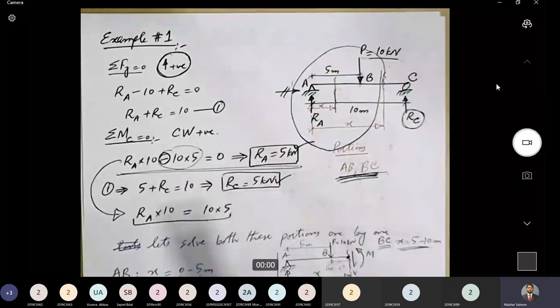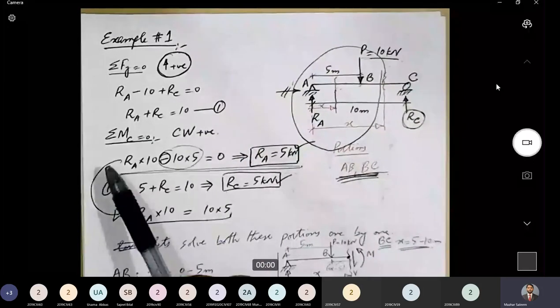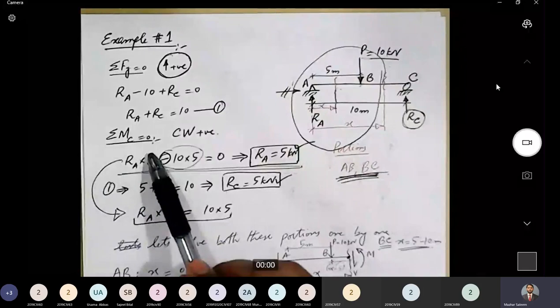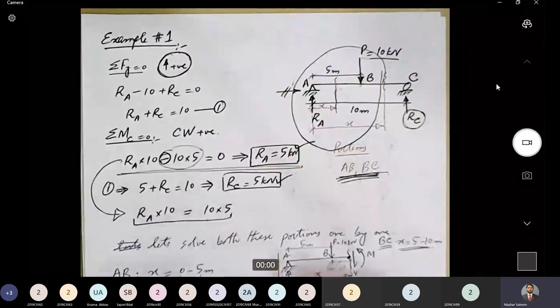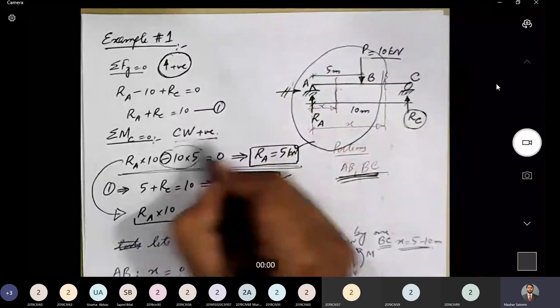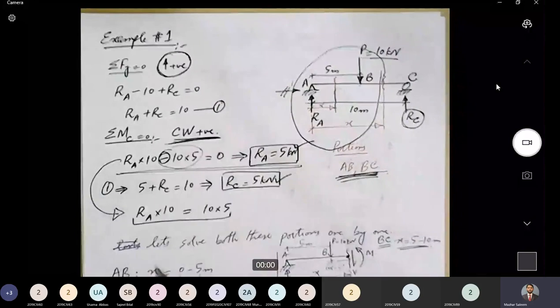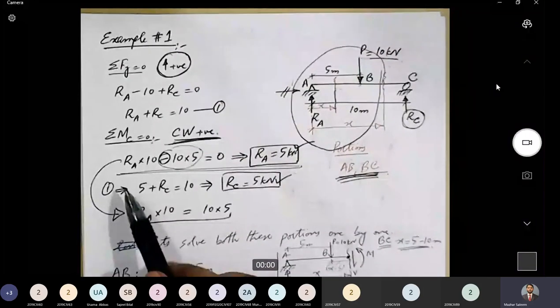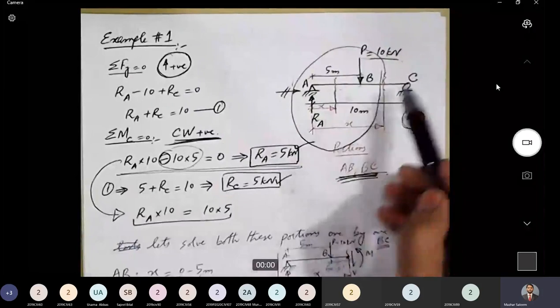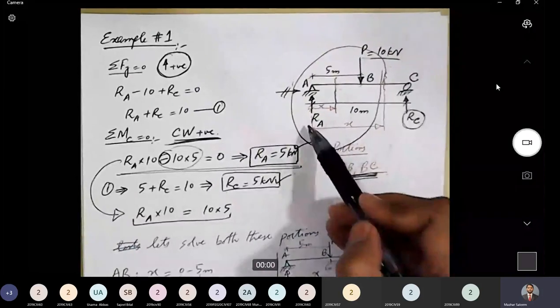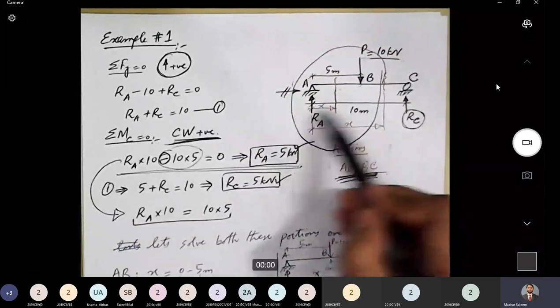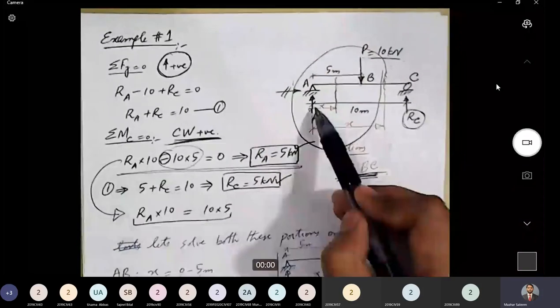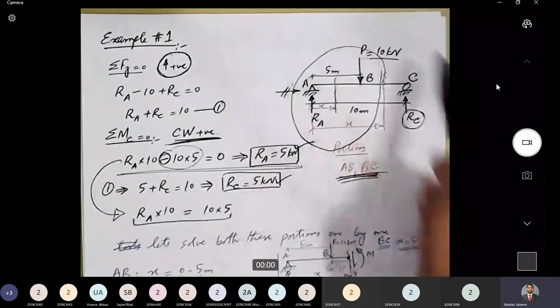Next step is to apply the second condition of equilibrium, sigma Mc equal to 0, and for this our convention will be clockwise moment will be taken as positive. Next, let's apply this condition. Now if we start from here, this is our moment center, so Ra into 10 is the lever arm, and this moment will be in clockwise direction.